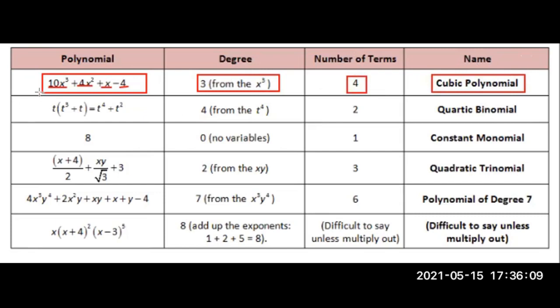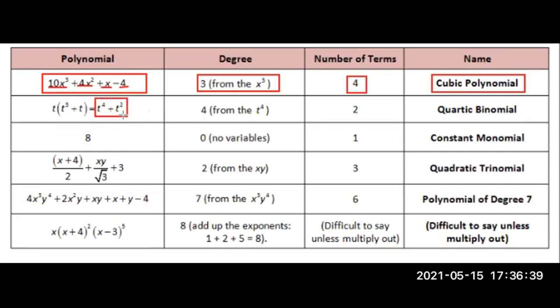Let's move to our second example. So here you can see on your screen, 2 in bracket, t cube plus t. If we multiply t into t cube, then we will get t to the power 4, plus t into t is t square. So we'll consider that final term.